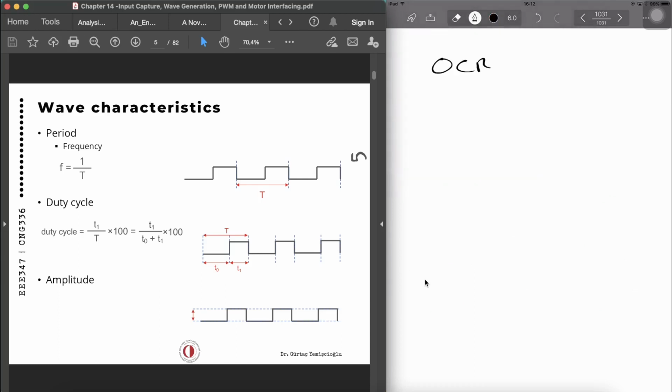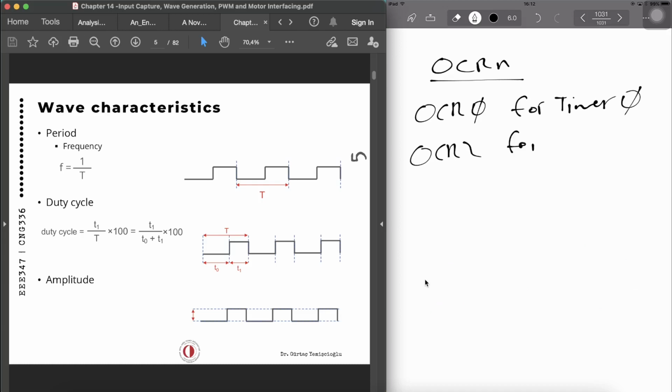Like we have OCR0 for timer 0, or OCR2 for timer 2, and OCR1A for timer 1, and OCR3B for timer 3, for example. Now, the value of this register is constantly compared with the TCNT register.